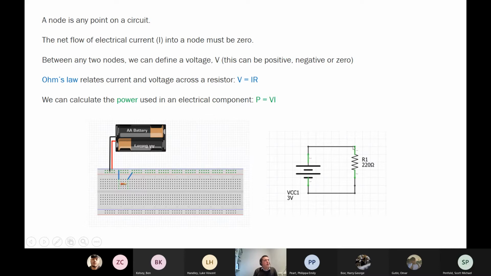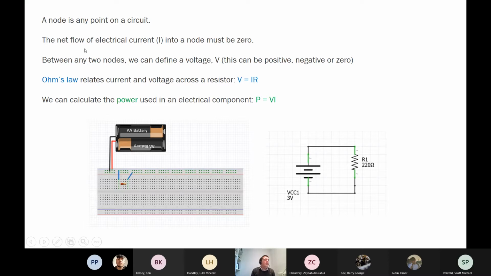So for example, if we define a node at the top of the resistor on the right hand side of the block diagram, then the flow of current in from above that node must be the same as the flow of current down into the resistor out of that node, by the second bullet point on those slides.